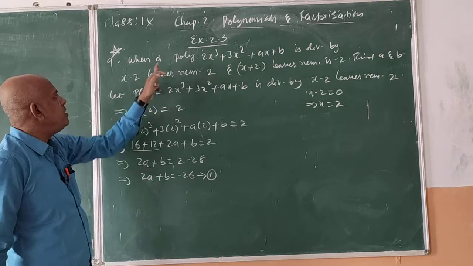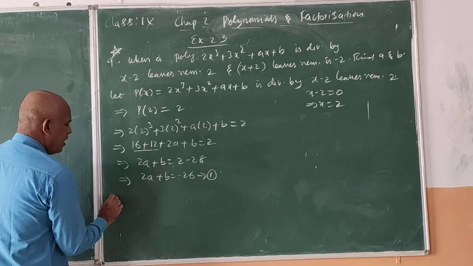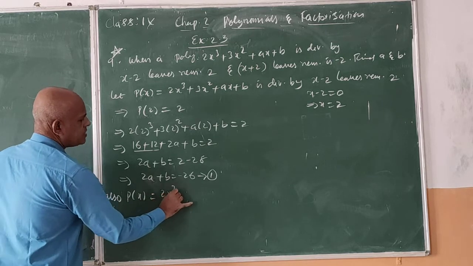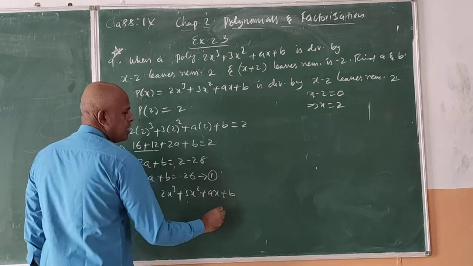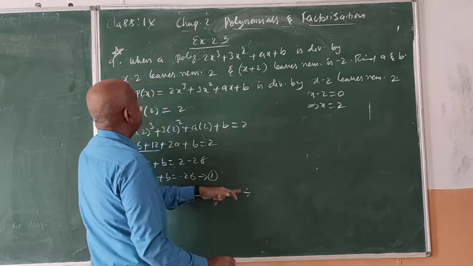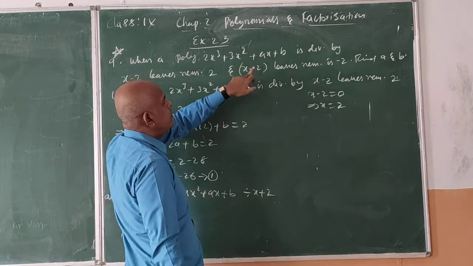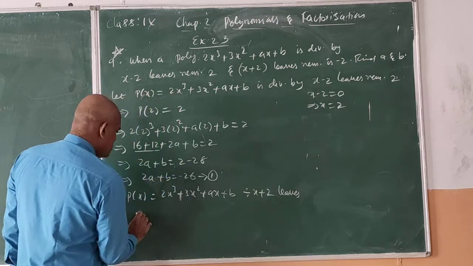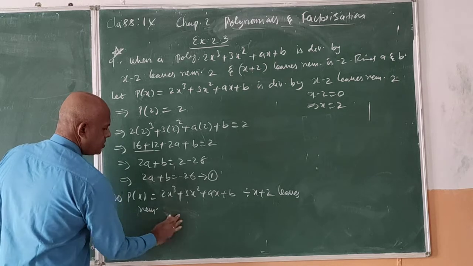For the given polynomial, this was when it is divided by the first linear polynomial, with remainder 2. At the same time, the same polynomial p of x is equal to 2x cube plus 3x square plus ax plus b is divided by, instead of words I am writing the symbol, x plus 2, one more linear quantity, and leaves remainder minus 2.